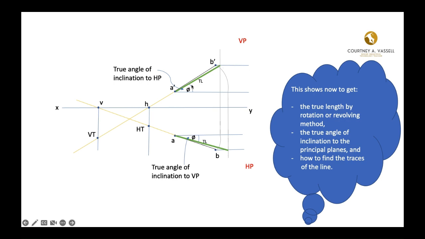Once we project from the VP, we're going to get H. Once we project from the HP, we're going to get V. So once H intersects the extension of V, we get the horizontal trace. Where the perpendicular distance from V intersects the extension from H, we will get the vertical trace.